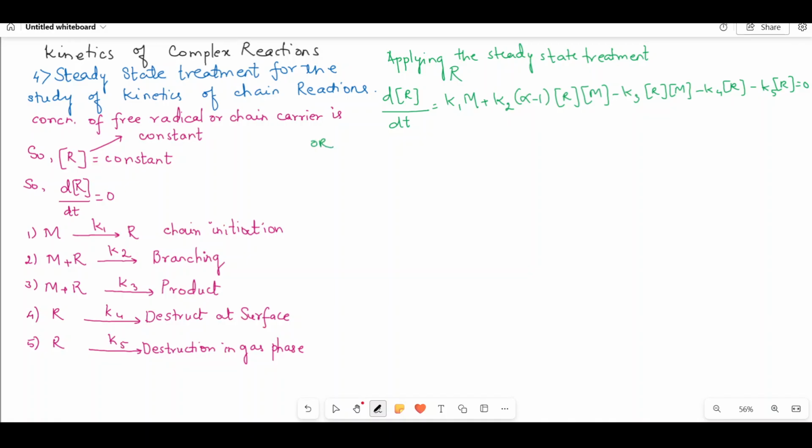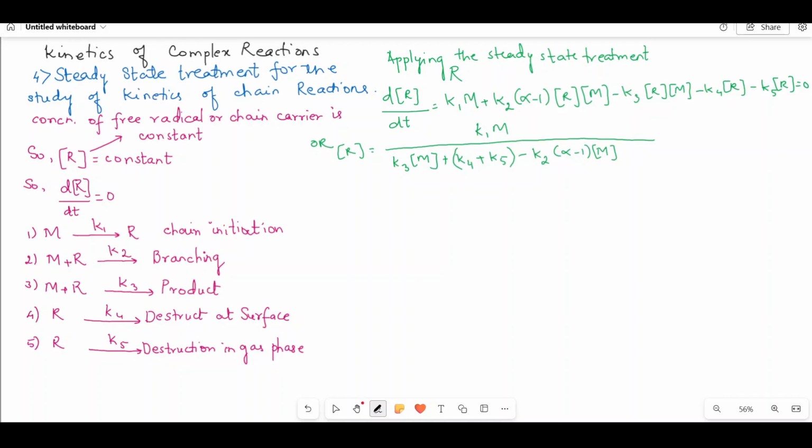Or we can say R is equal to K1M by K3M plus K4 plus K5 minus K2 alpha minus 1 M.